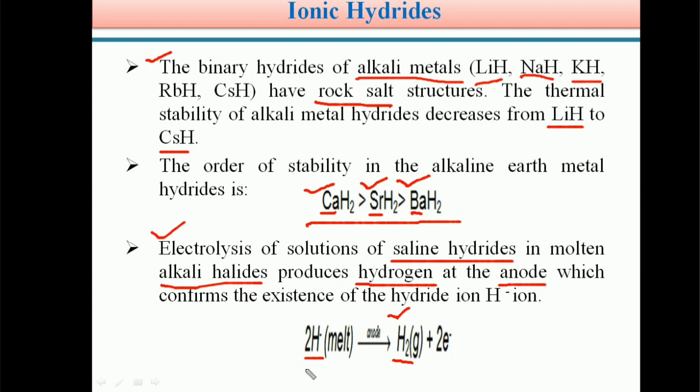Hydrogen gains an electron and forms H minus. This reaction clearly indicates the existence of the hydride ion, H minus ion. So during the electrolysis, at the anode, hydrogen is evolved.